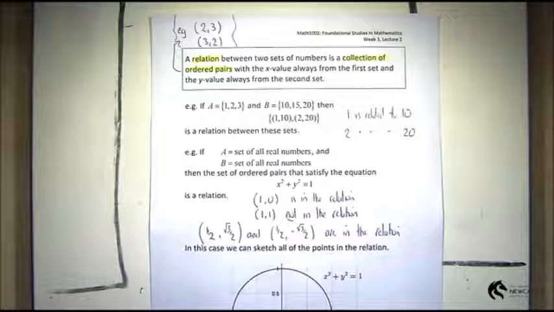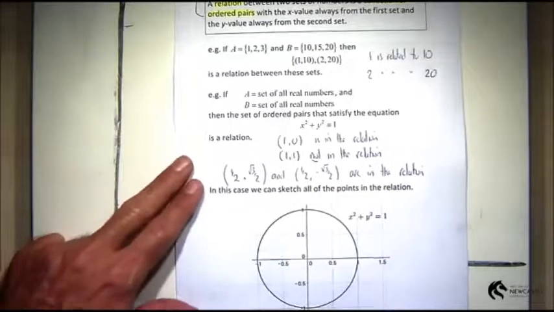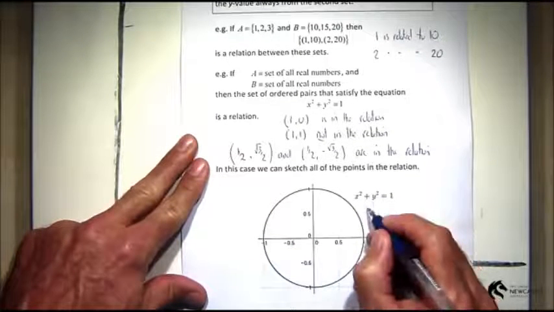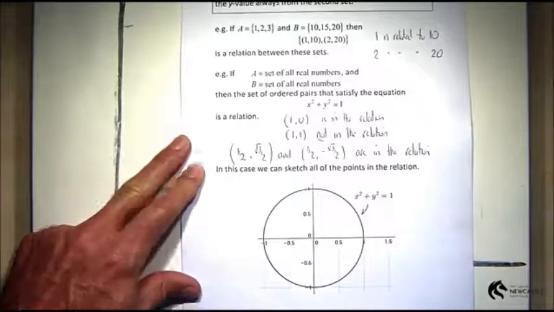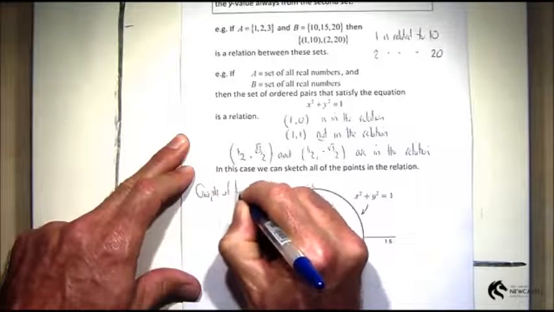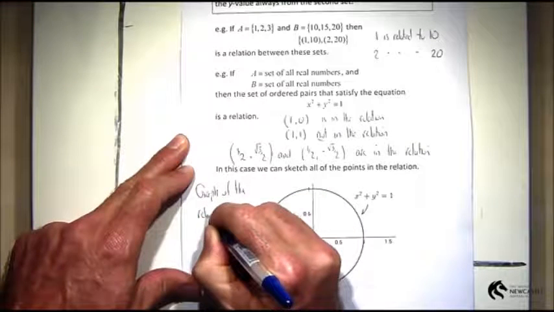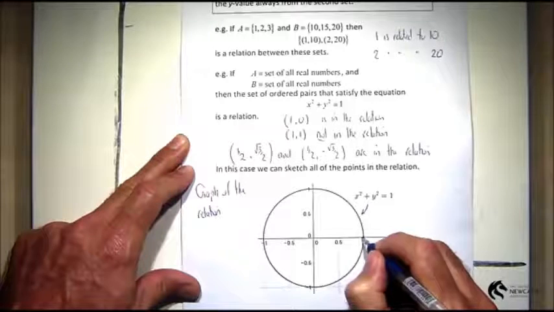And if you were to actually plot all of the points in that relation, this is the graph that you would get. So I say, look, this is the graph of the relation x squared plus y squared equal to 1. You can see 1, 0 is there.